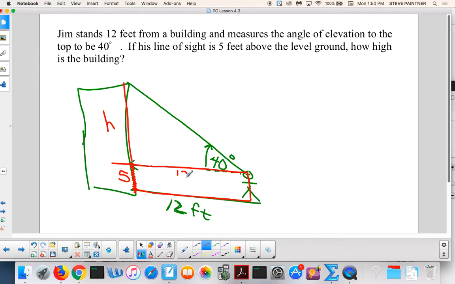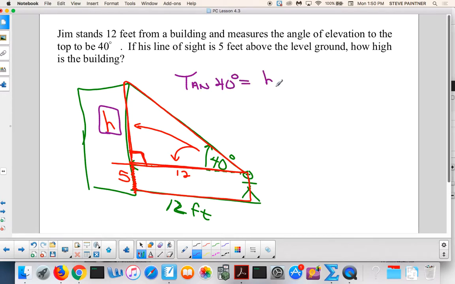So if that's 12, are you looking at this as your triangle right here? Okay, which one did you go with? What side is this? Opposite. What side is this? Adjacent. I hope you went with tangent of 40 degrees equals opposite, which is the height, over the horizontal, adjacent.